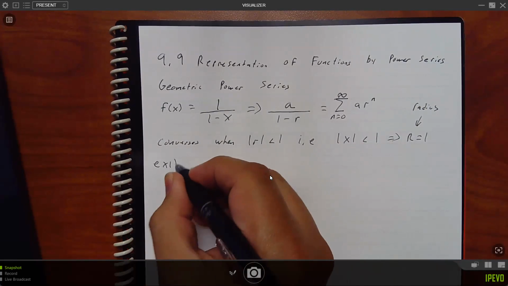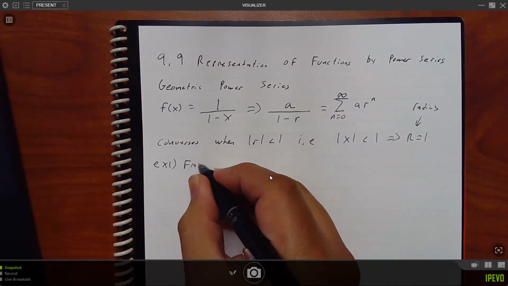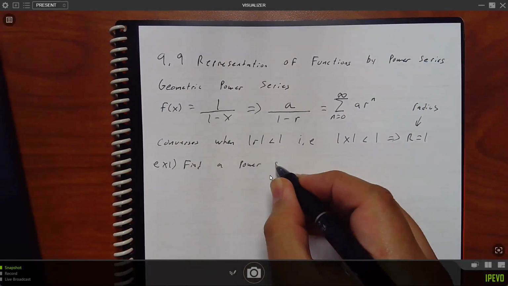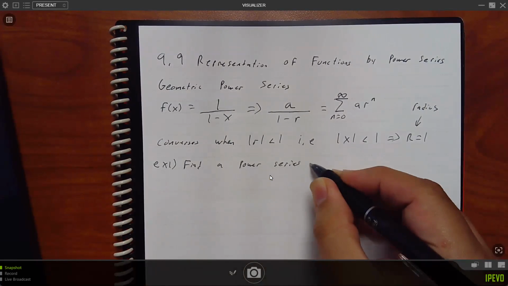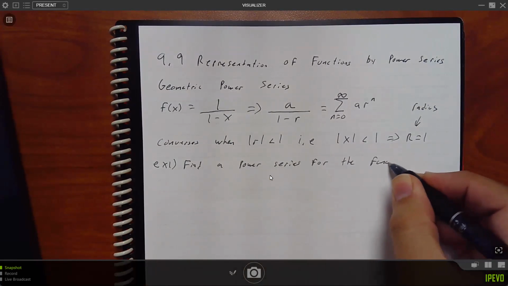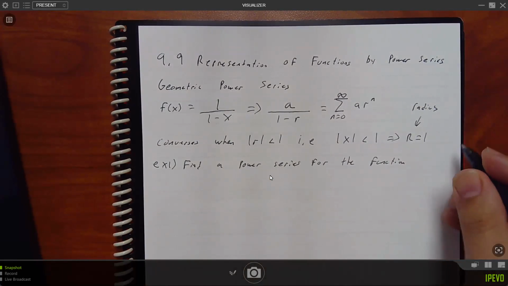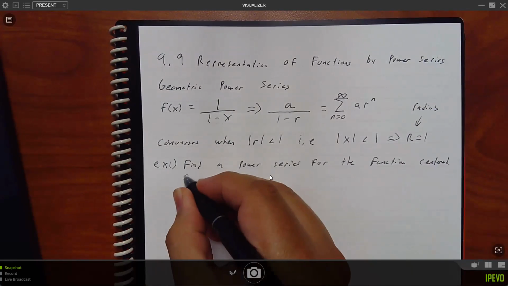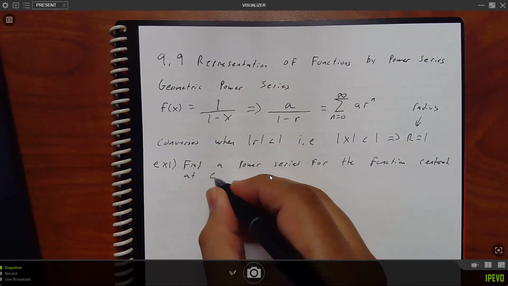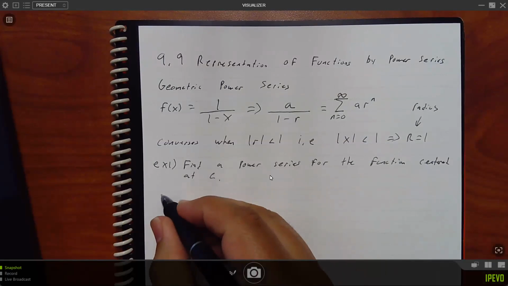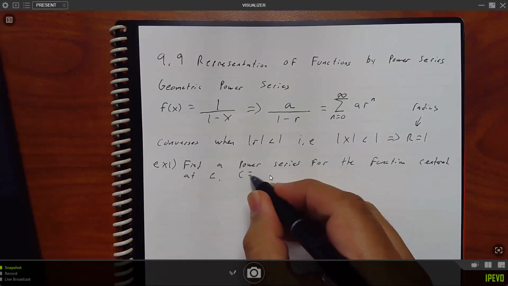So the first couple will just be using this idea for the geometric series. Find a power series for the function centered at c. That c will be -3, I guess.